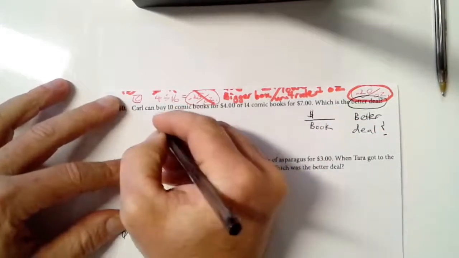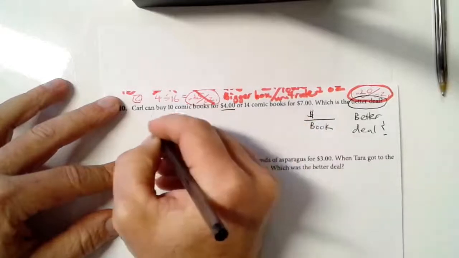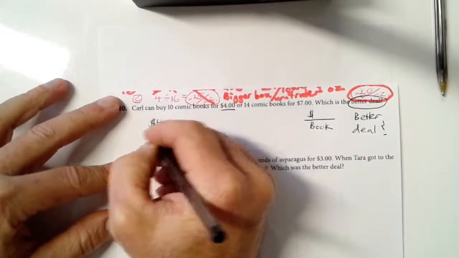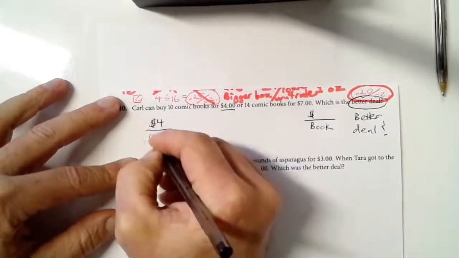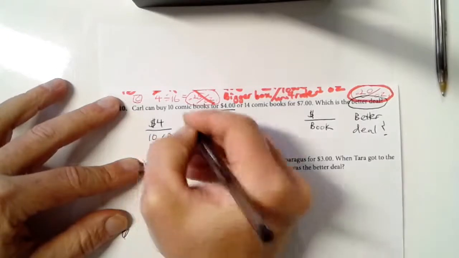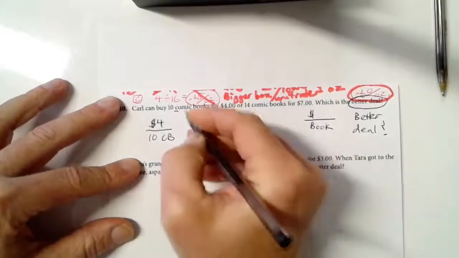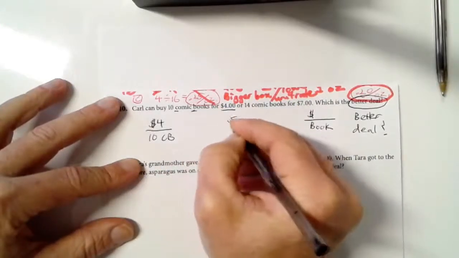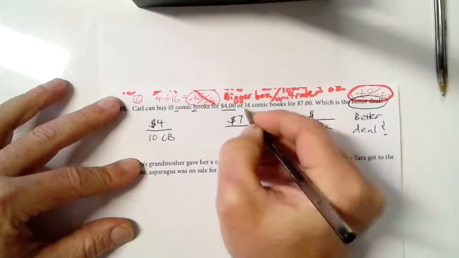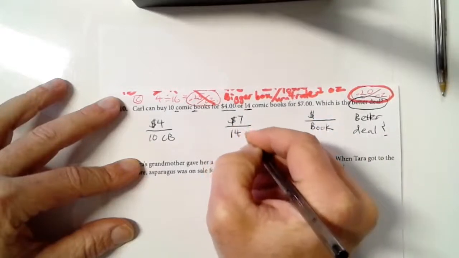So price for 10 books, comic books. And then we have $7 for 14 comic books.